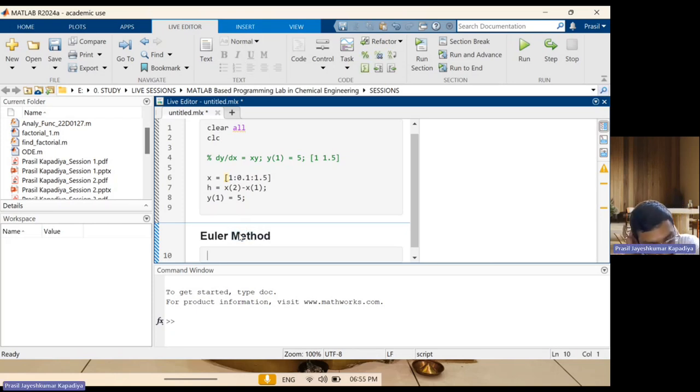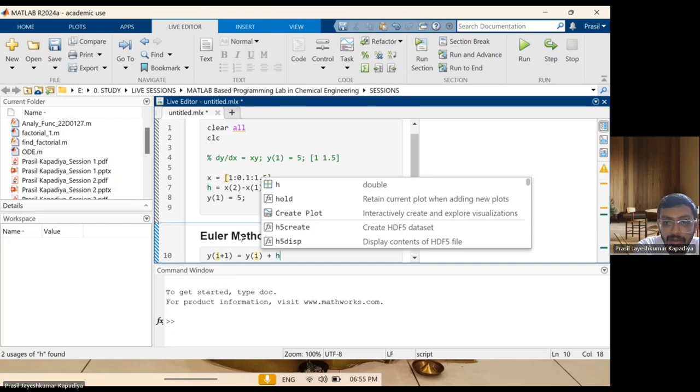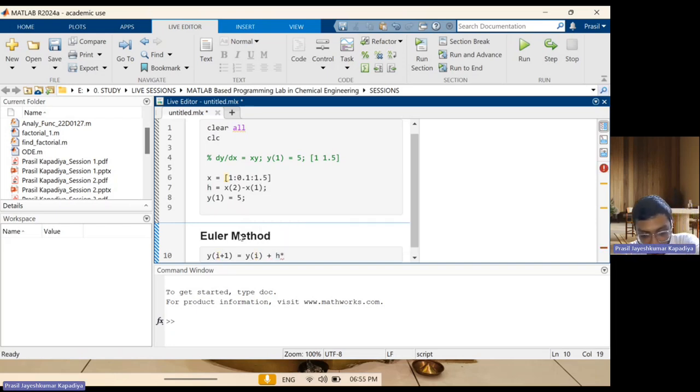Euler method. So my equation is y2 is equal to y1 plus h into s. So y of I plus 1 is equal to y of I plus h into my equation.